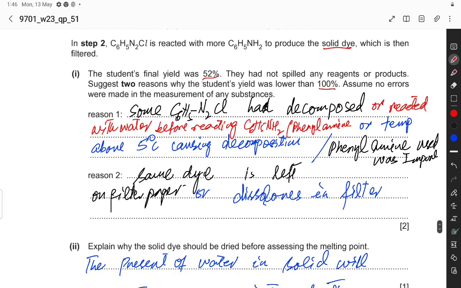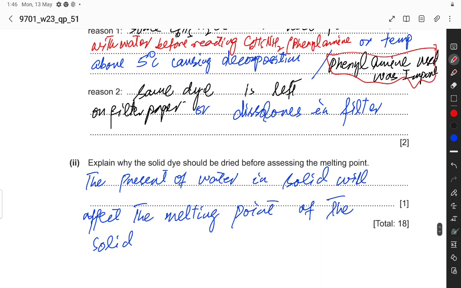Reason 1: some phenyl diazonium chloride had decomposed or reacted with water before reacting with phenylamine, or the temperature was above 5 degrees centigrade, causing decomposition. Reason 2: phenylamine used was impure, or some dye is left on the filter paper or dissolves in the filter paper.